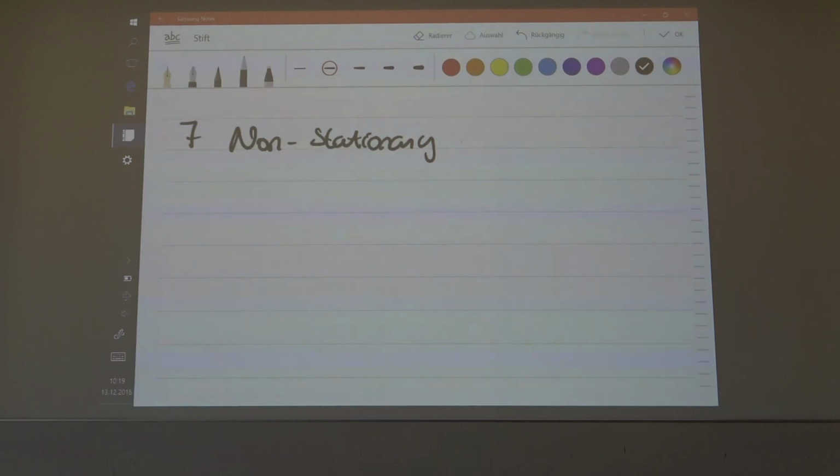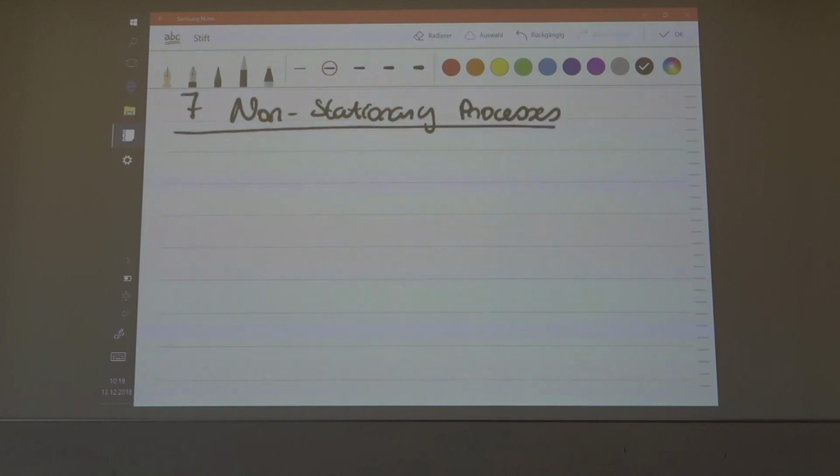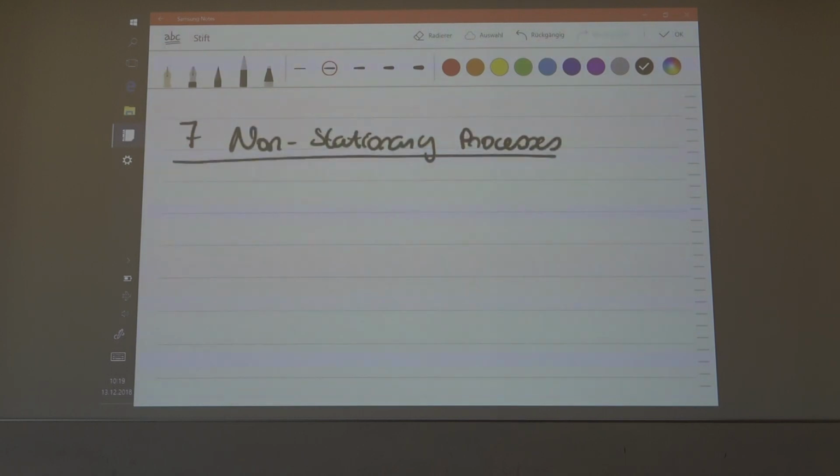The first one will be the so-called integrated and trend-stationary processes. This is going to be chapter 7.1: integrated and trend-stationary processes.